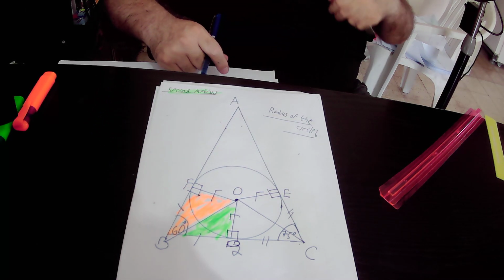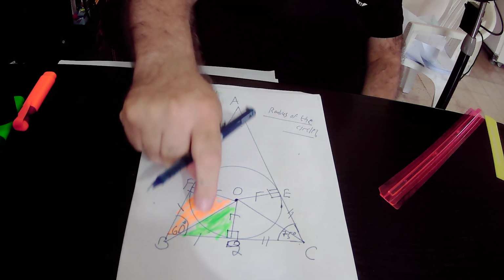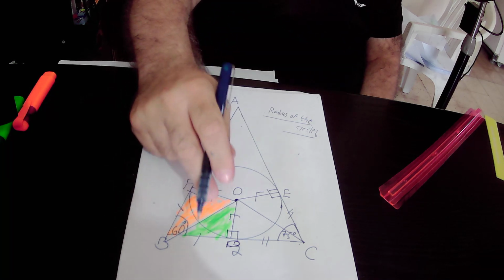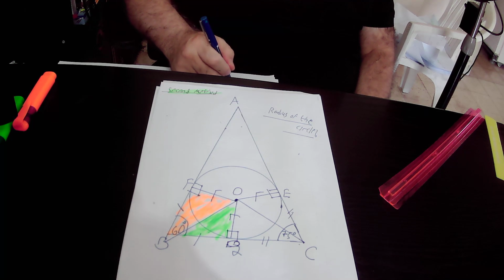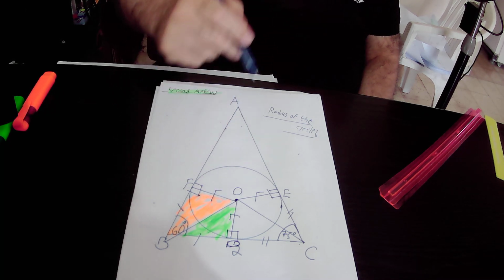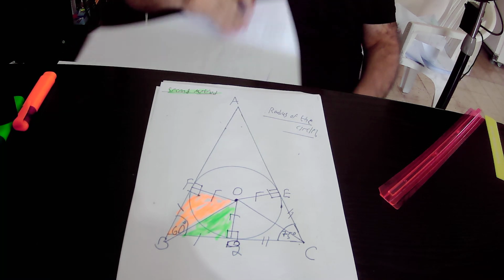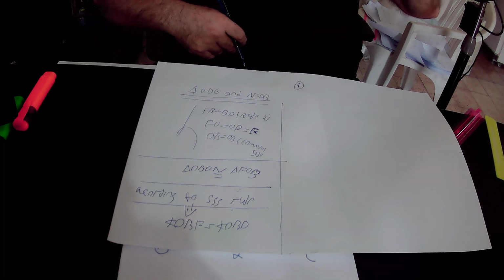So here, if we define this angle as alpha, it means that angle OBF is equal to this angle, that is actually angle OBD. Angle OBF equals angle OBD according to the rule that corresponding angles in congruent triangles are equal to each other.